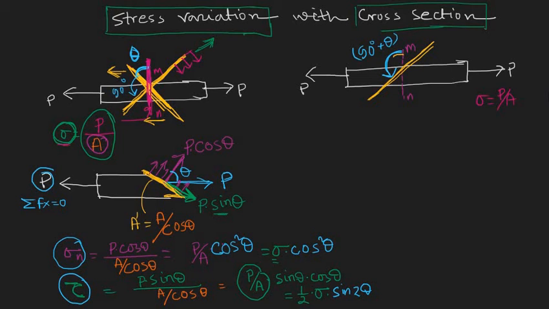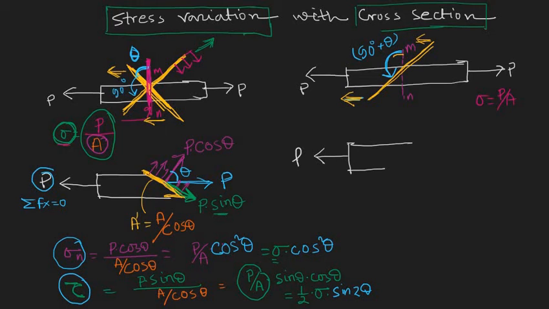Simply take out again the left portion of this section to analyze the stress, and the free body diagram again looks like this one. The external load is applied here.